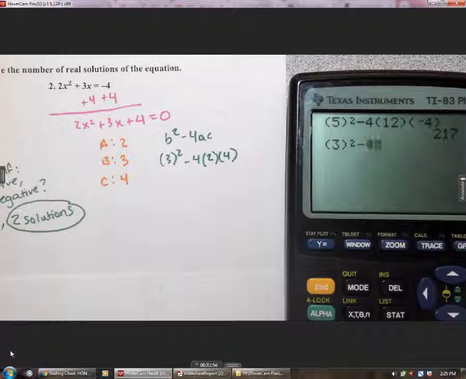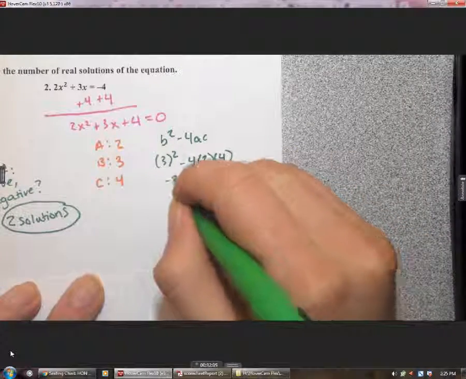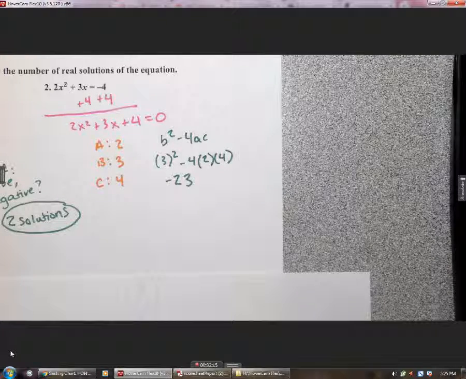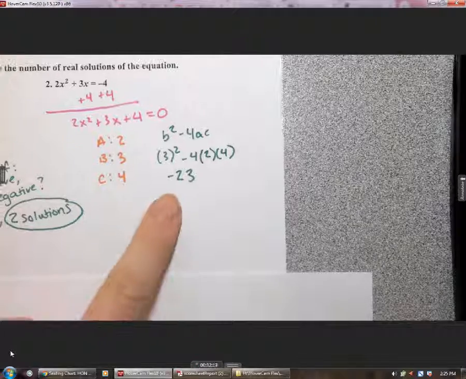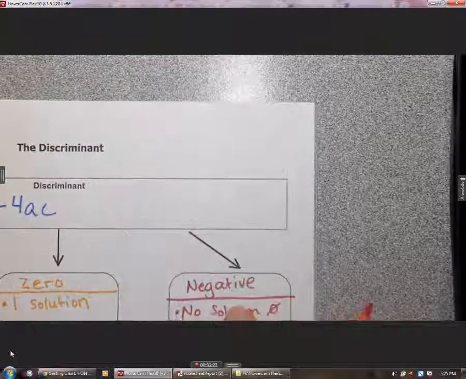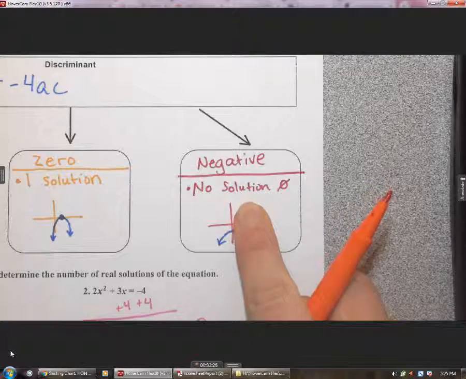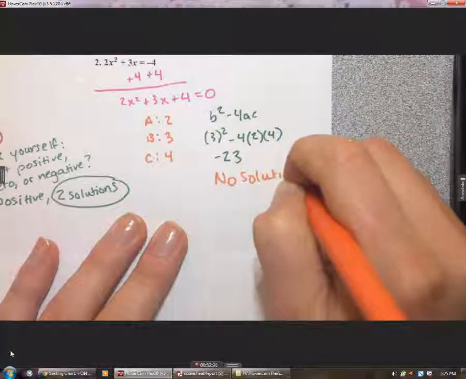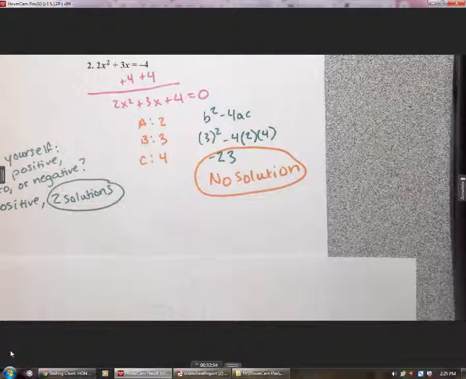Oh, times 4, whoops, I messed that up. 3 squared minus 4 times 2 times 4. What do you get? So the question you're asking yourself, is it positive, negative, or 0? It's negative. So how many solutions does it have? If it's negative, no solution. I've got your chart with you.